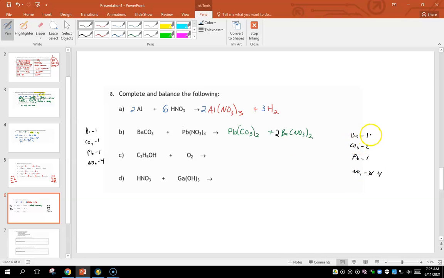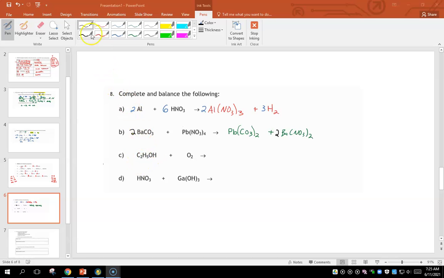Okay, it also brings the barium to 2, which means I'm going to have to come over here and put 2 there, so that I can also make that barium 2, which then also brings the carbonates on the left side to 2. All right, so putting a 2 there and a 2 there, it looks like that gives us 2 bariums, 2 carbonates, 1 lead, 4 nitrates, balanced.